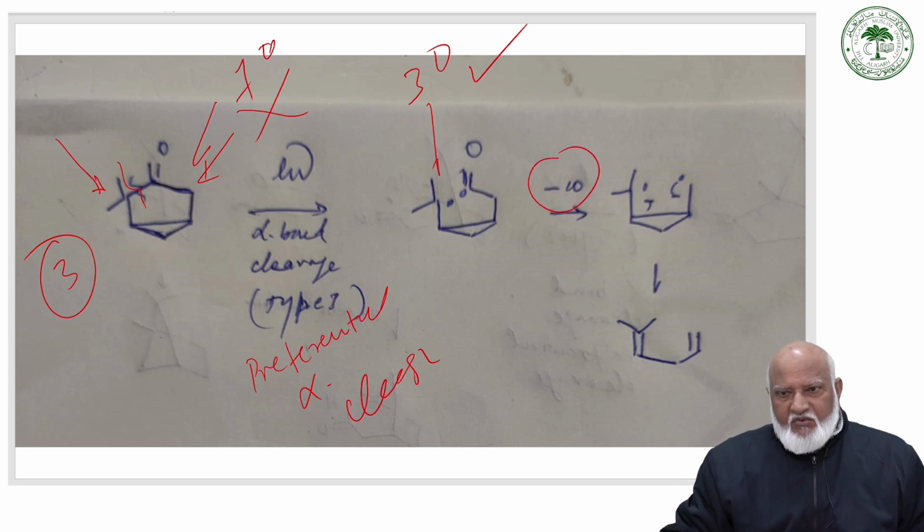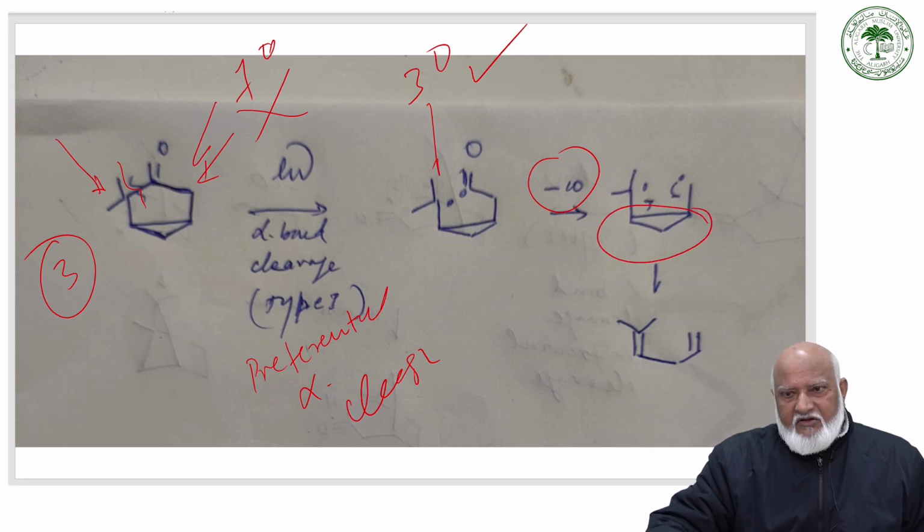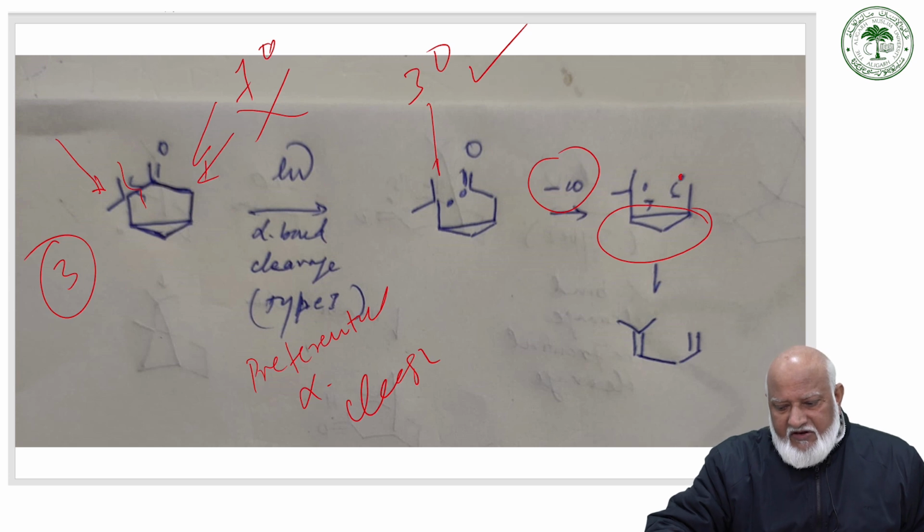This acyl radical gives this diradical species, as we have seen in the previous example. Here as well there is a cyclopropane ring adjacent to the carbon-centered radical. This will also be very susceptible to undergo ring cleavage to give a diene system.